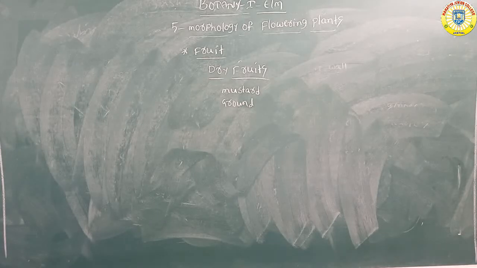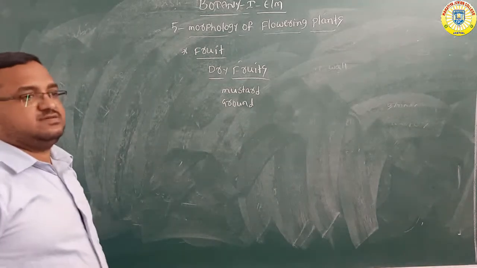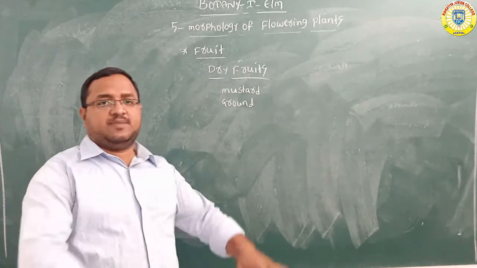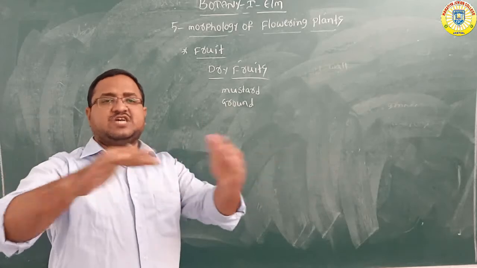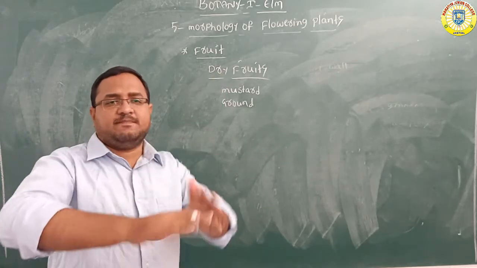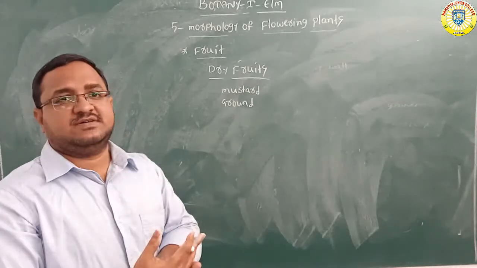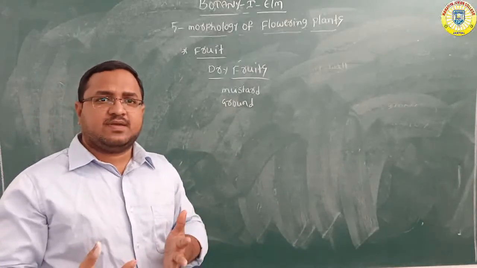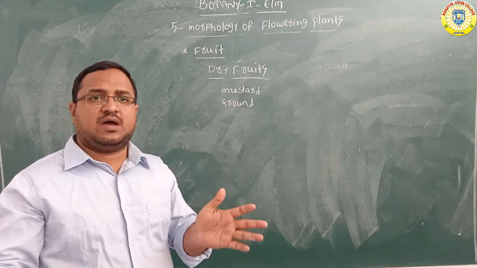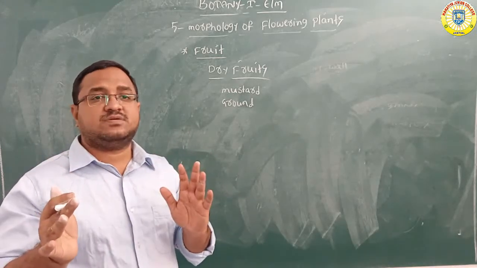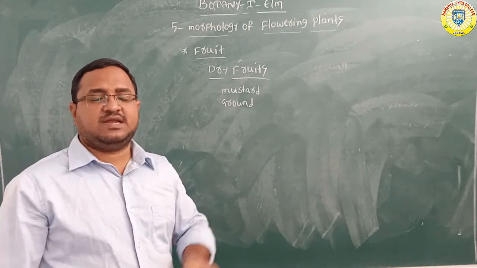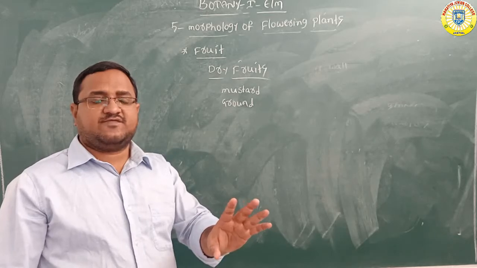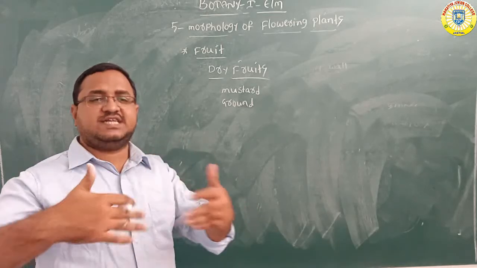In these dry fruits, they may break open and liberate the seeds present inside the fruit. The fruit coat breaks open and liberates the seeds. Sometimes the fruit coat is unable to break open; it disintegrates and is completely destroyed, and the seeds are released.